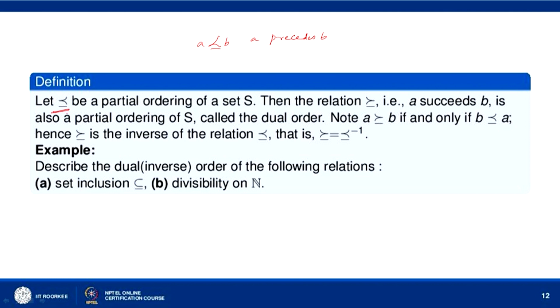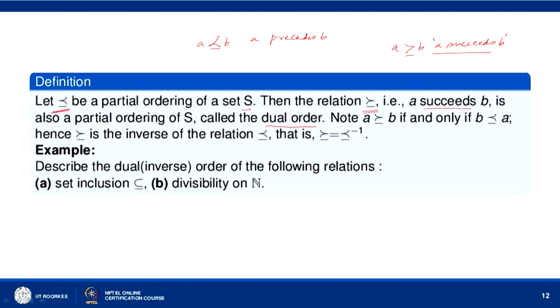Now, let this be a partial ordering of a set S, then this relation means succeeds. When it is there between A and B, it will mean that A succeeds B. So, we have to show that this relation is also a partial ordering of S. It is called the dual order.